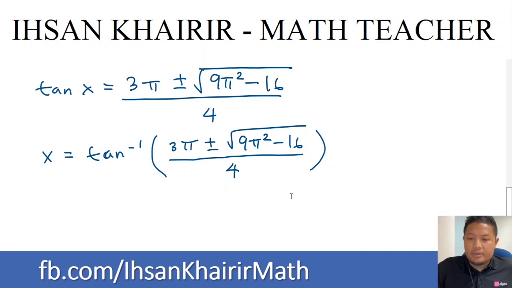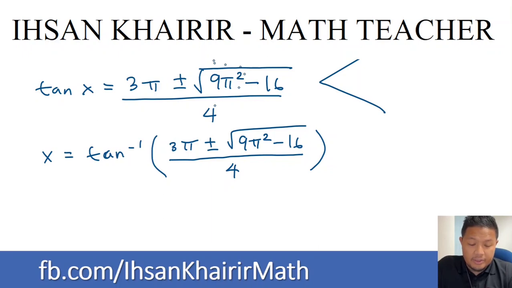So what we can do is find out the two possible values of tangent x just by using our calculator. Make sure it's in radian mode. Actually, for this point here, we don't need radian mode. So we'll just type out this expression in our calculator.